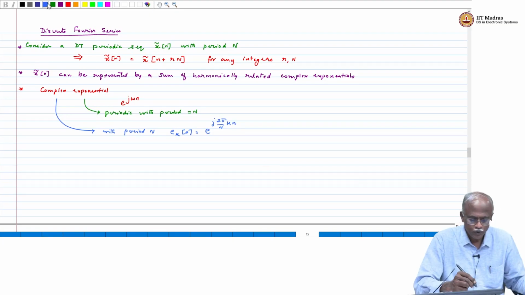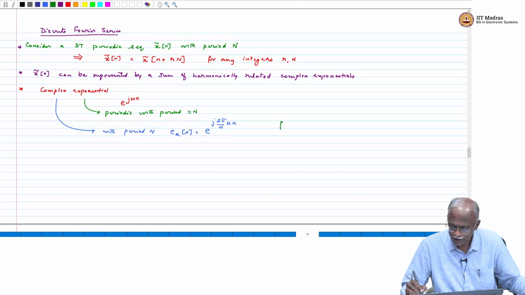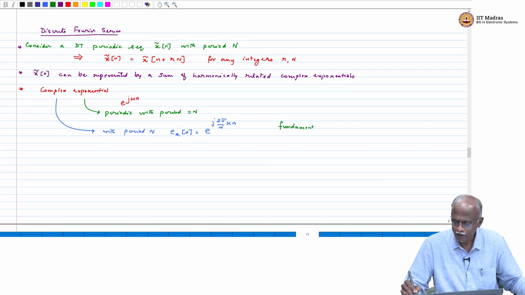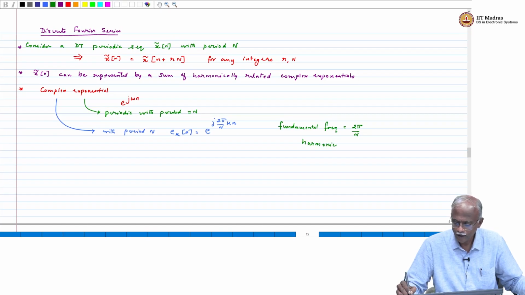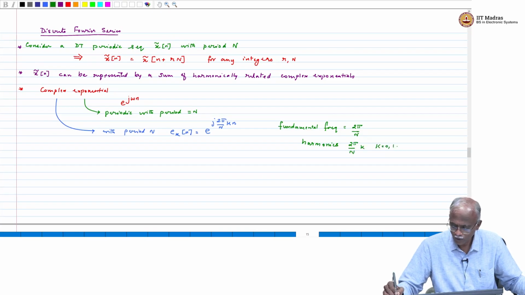Okay, so the fundamental frequency is equal to 2 pi divided by N. The harmonics are given by 2 pi by N times k. k can be 0, 1, all the way to N minus 1.